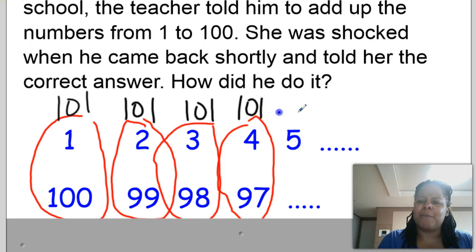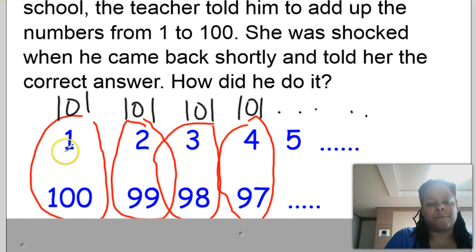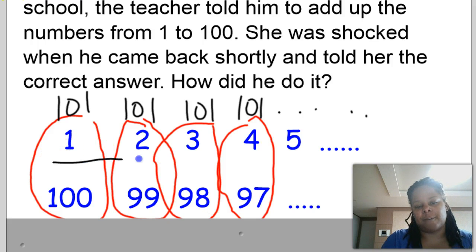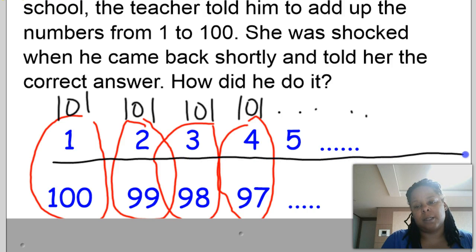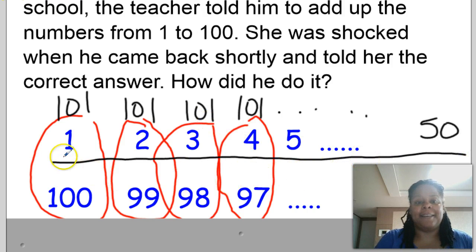So the question is, how many 101s are there? Well, think about it. If he takes the first half of the 100 numbers, then he's basically adding 50 numbers, 50 pairs of numbers. So that's 50 pairs of 101.